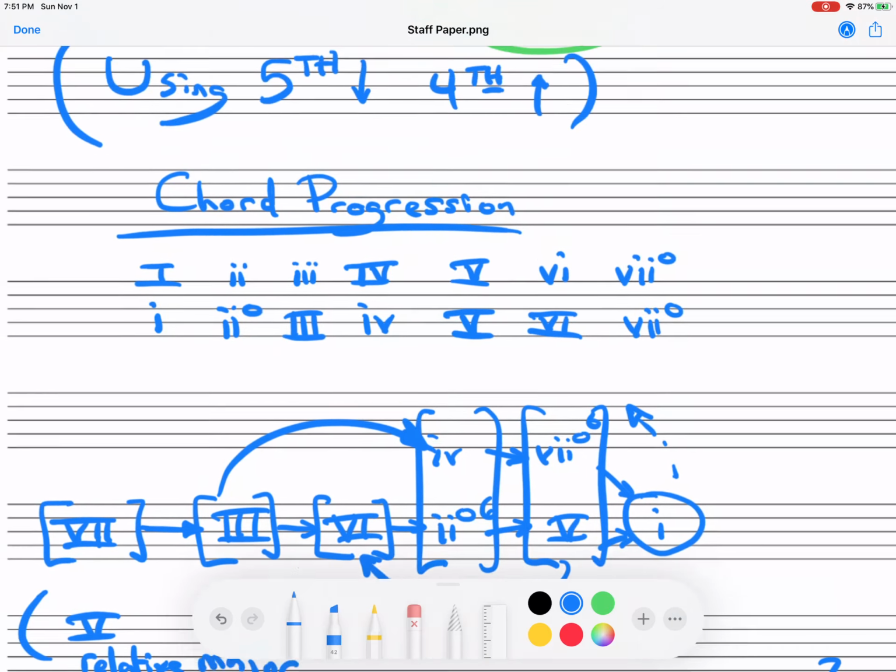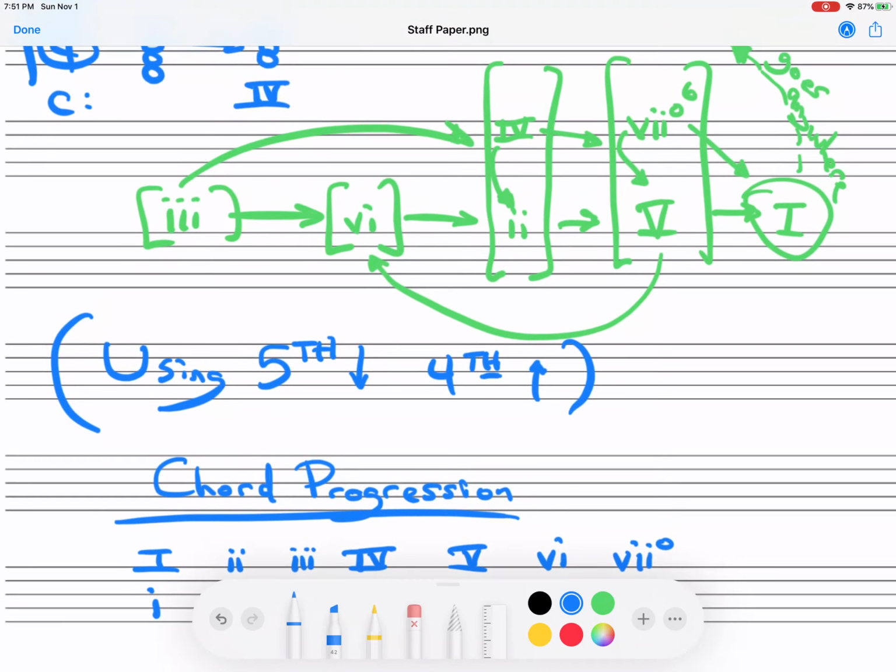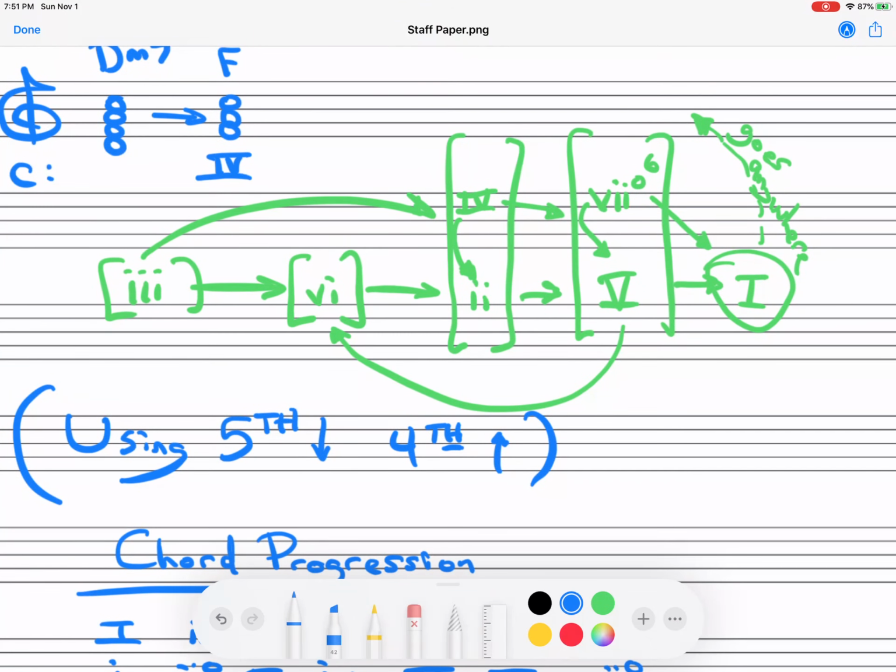Okay, so back up here in major, keep in mind, again, as we go out to the edge of the universe where 3 is at the very edge, we don't see this chord so often. Composers like to stay more on this side, okay, right? Why?